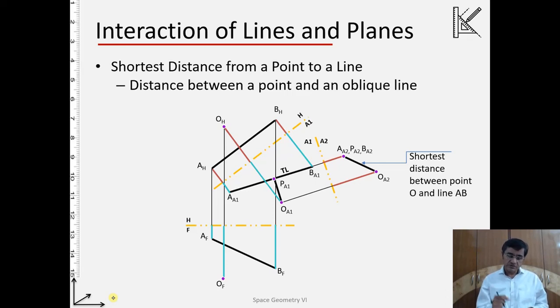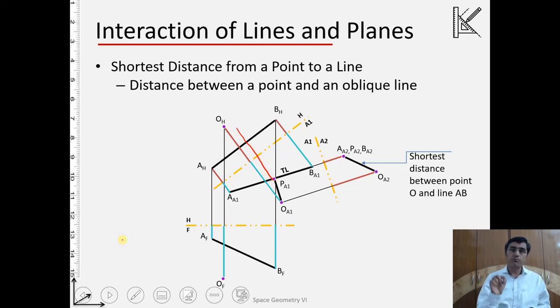Now using this PA1, I can take it back further to the horizontal plane, okay, and locate the corresponding point P on the horizontal plane. So let us do it. Well, that's the projector.